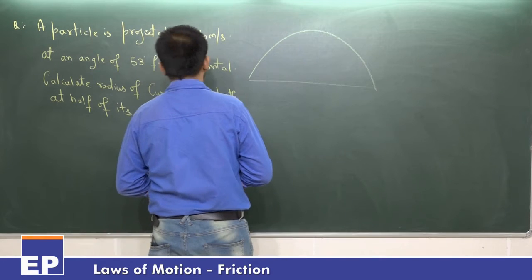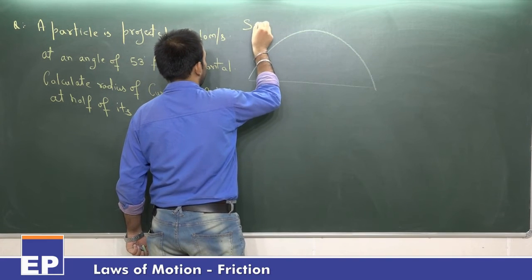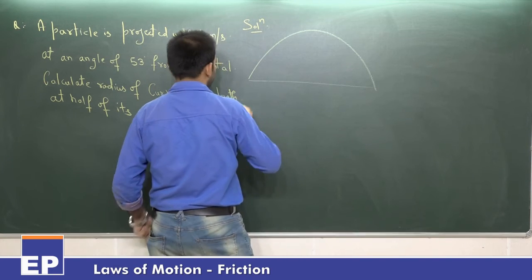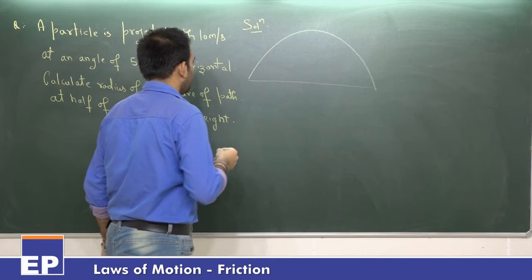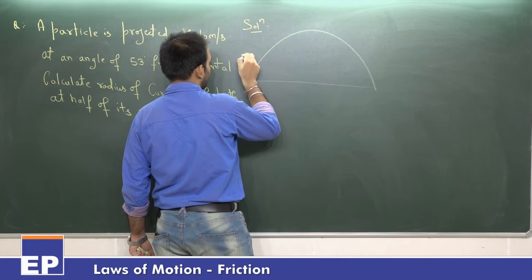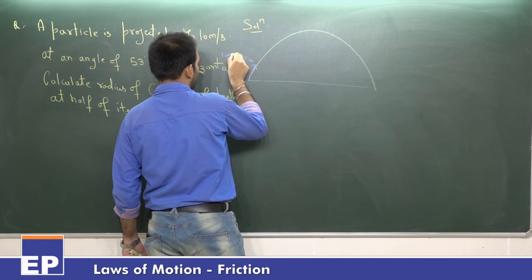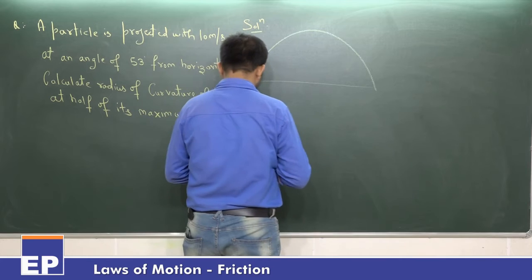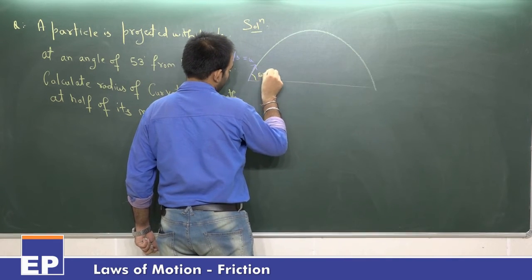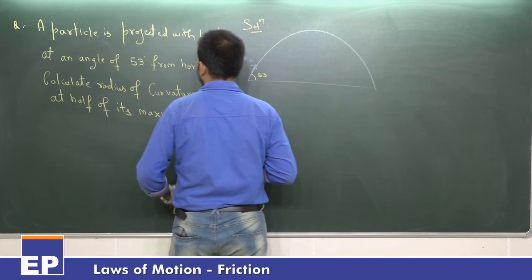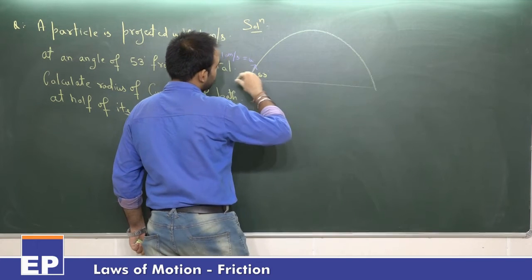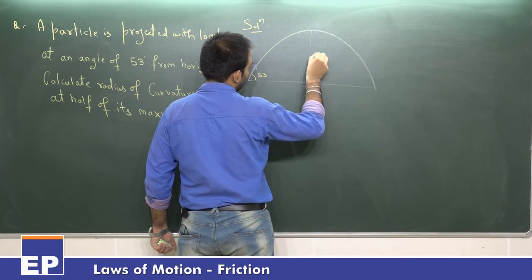This is a projectile. Its initial speed is given how much? 10 meter per second, at an angle of 53 degree. So we can say the component that is perpendicular to it, at half of its maximum height.